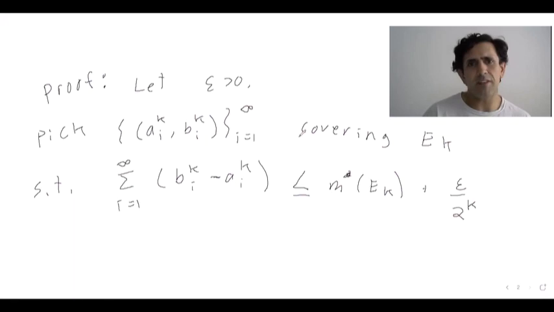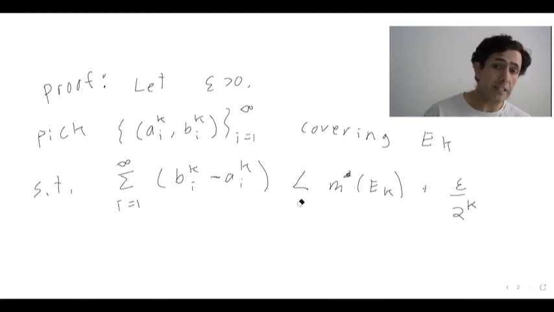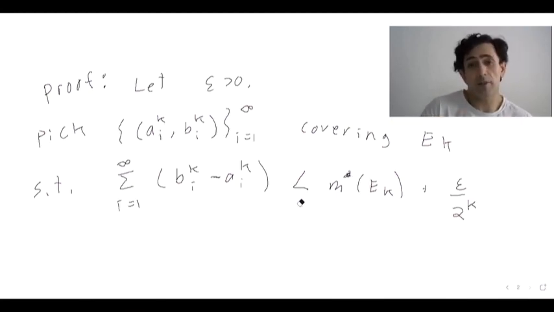Now, you really need less than or equal to. If the outer measure, rather, is finite, then by definition of infimum, it's possible to pick this so that it's less than. But if the outer measure of E_k is infinite, then that means that for every covering of E_k, the sum of the lengths is infinite.